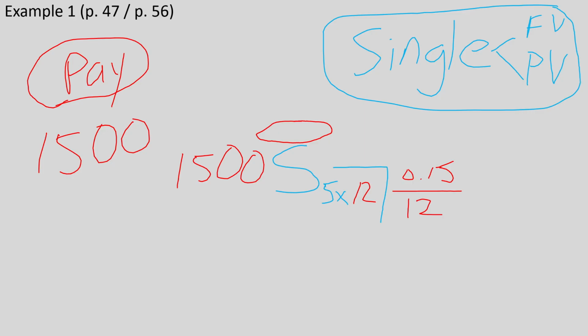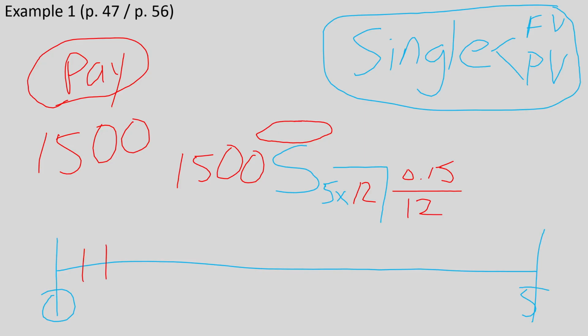So the blue color refers to this long timeline, and in our case 0 to 5, and then the red color, or whatever the second color is that I may be using that day, will be referring to the thing that repeats. In our case, that is the annuity.